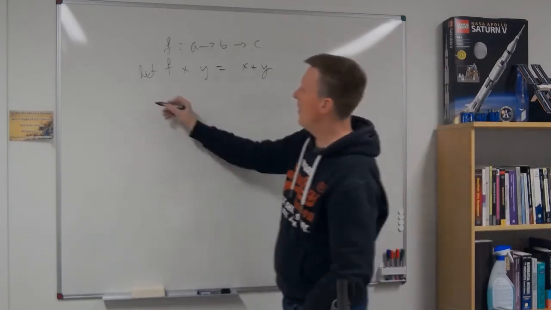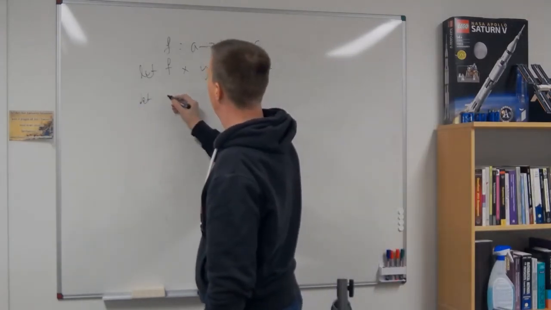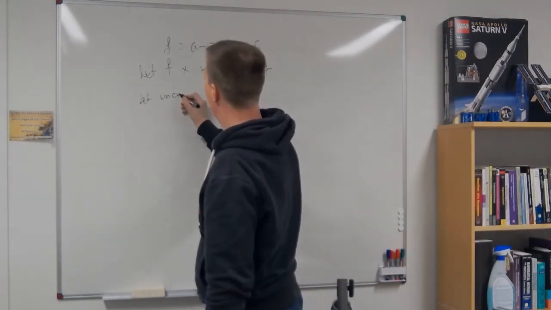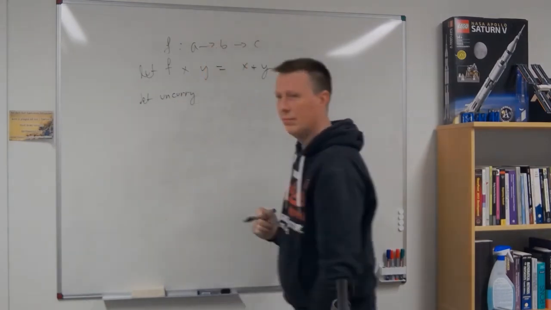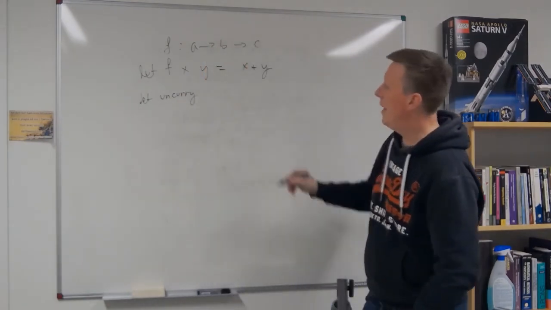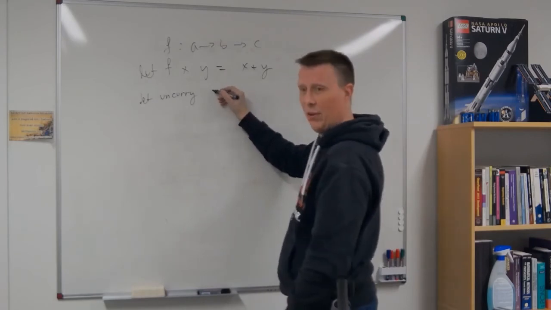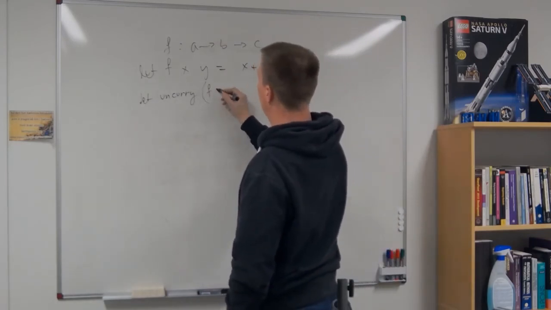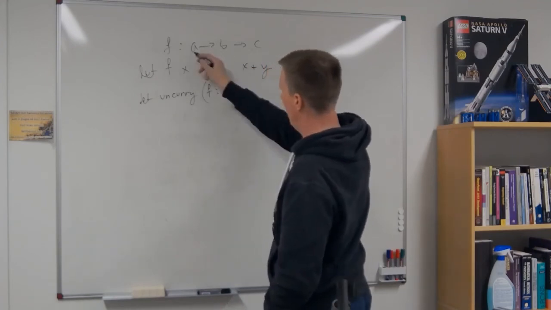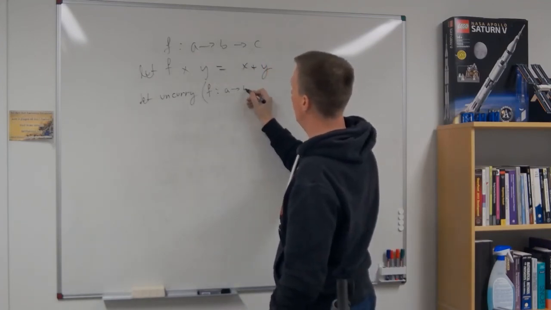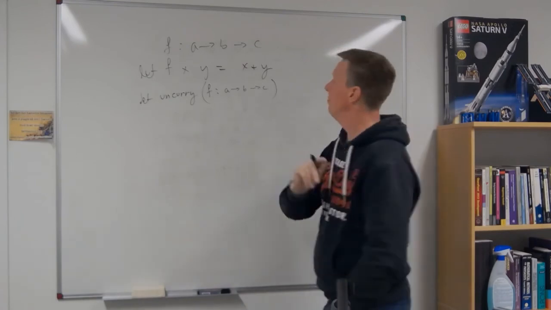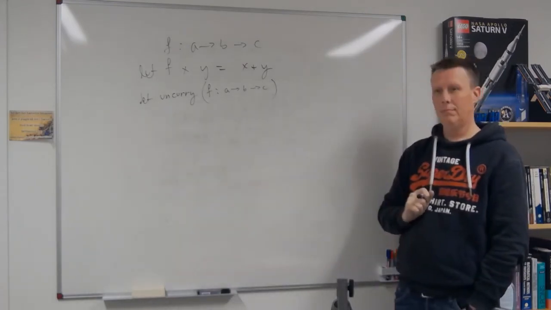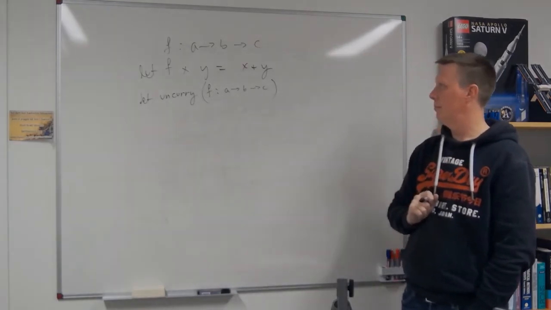So I'm going to define my function let uncurry, and that needs to take a function as its first argument. That's the function I want to convert, f, and f has a signature, we already stated up there, a to b to c. So that's just our f.